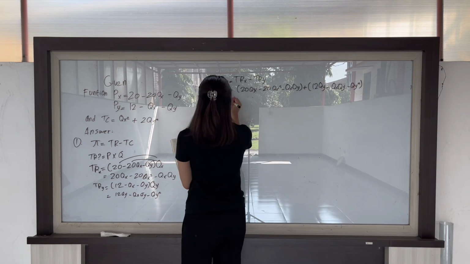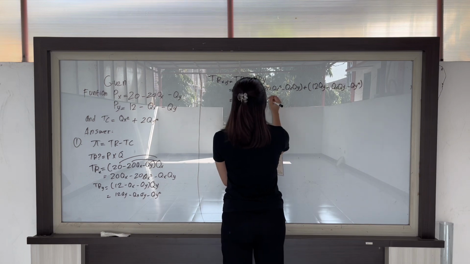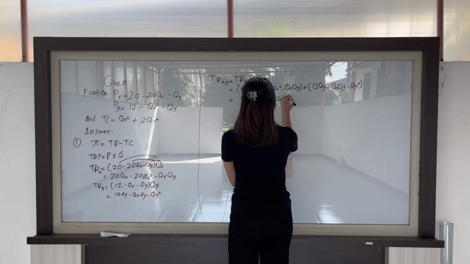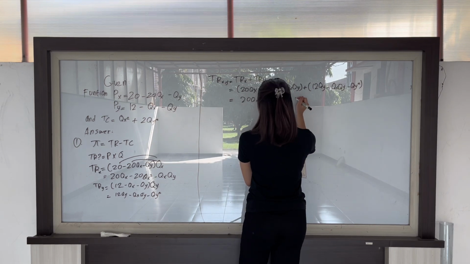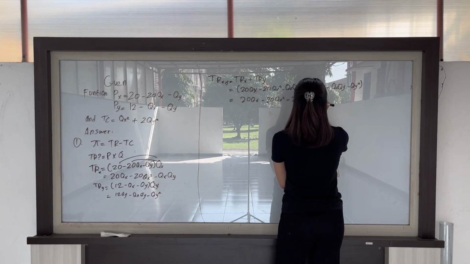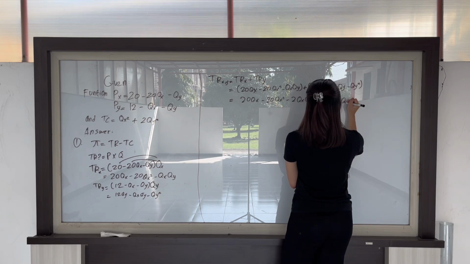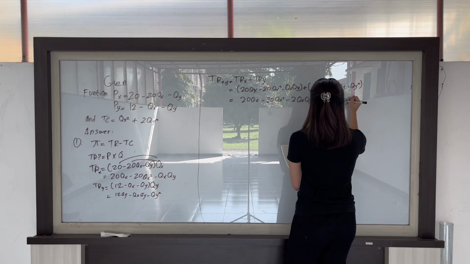So the result is 20 Qx minus 20 Qx squared minus 2 Qx Qy plus 12 Qy minus Qy squared.